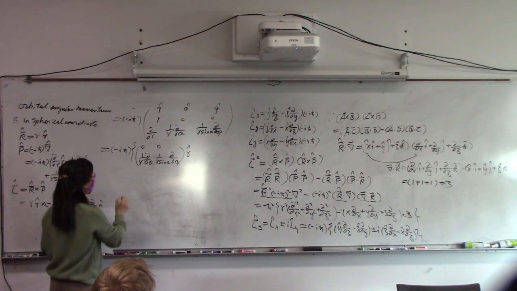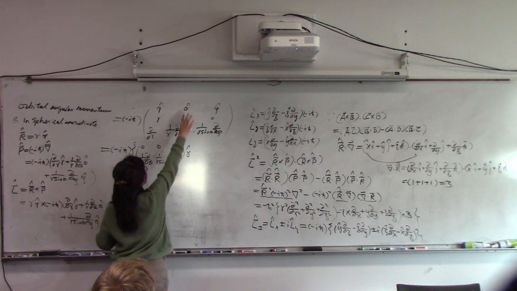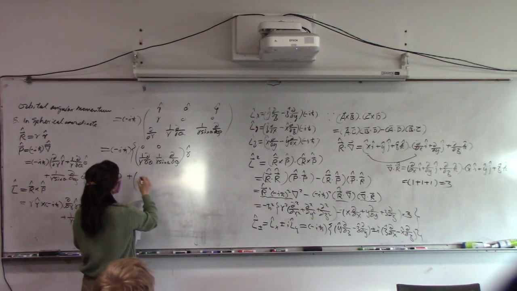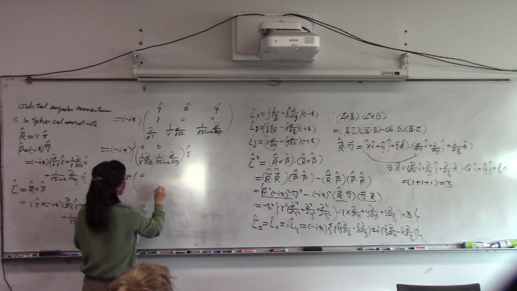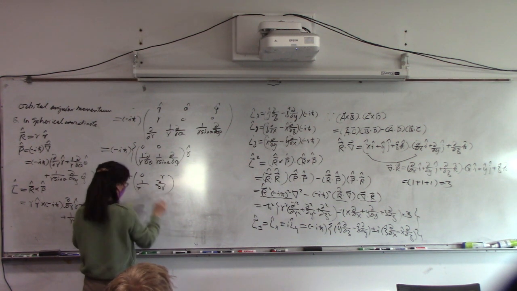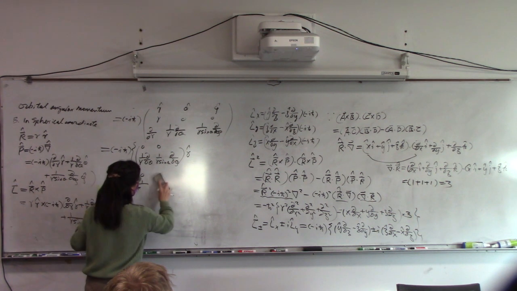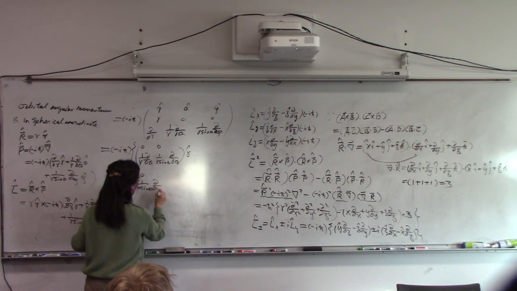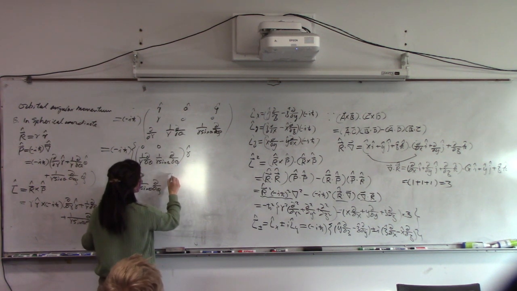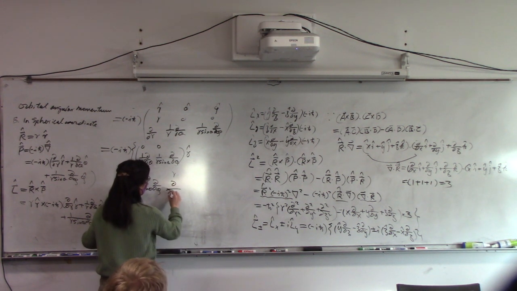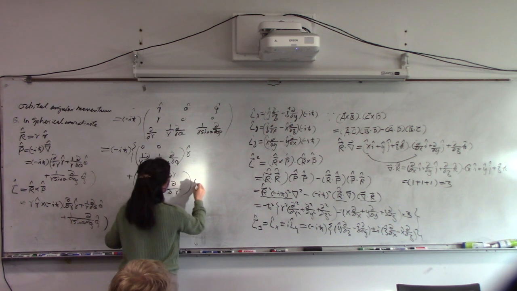And then the second one is for theta hat, so it takes this column out.